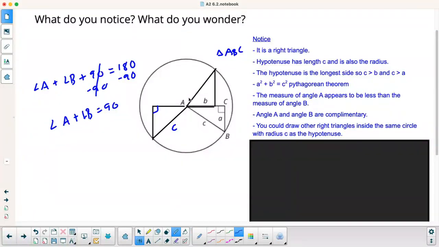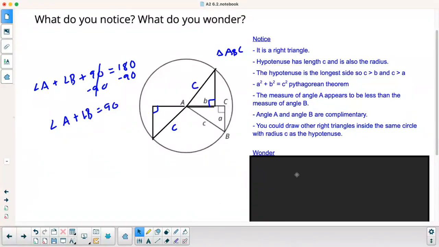Again, we know that this is a right angle, and this is the same length because all radii on a circle are the same length. This is my radius, it goes all the way around, it's the same length there. So I could draw a bunch of different triangles in there.